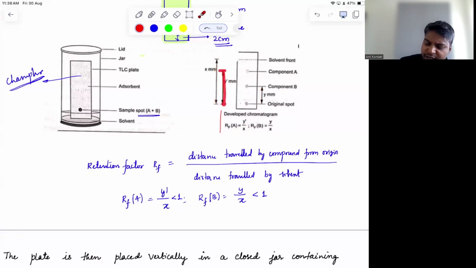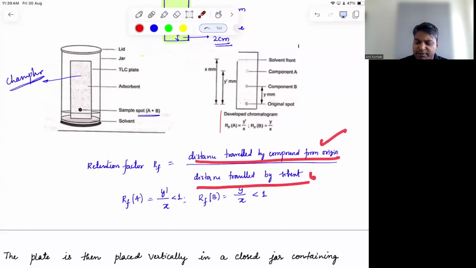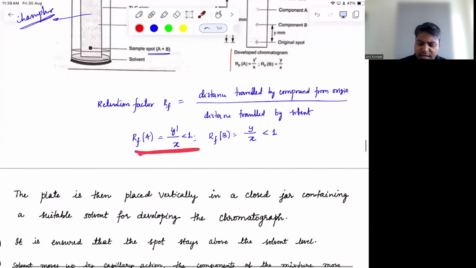So y dash divided by x and y divided by x are called the retention factors for compound A and compound B. That is the distance traveled by the compound from the origin divided by the distance traveled by the solvent. And generally, Rf value will always be lesser than 1.